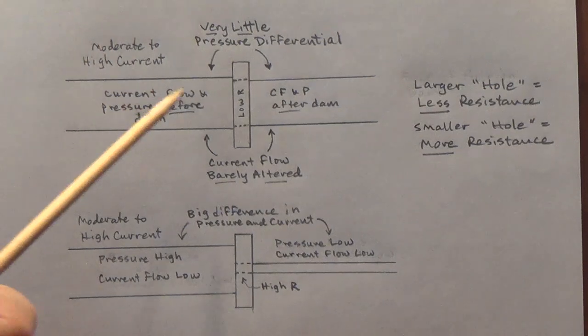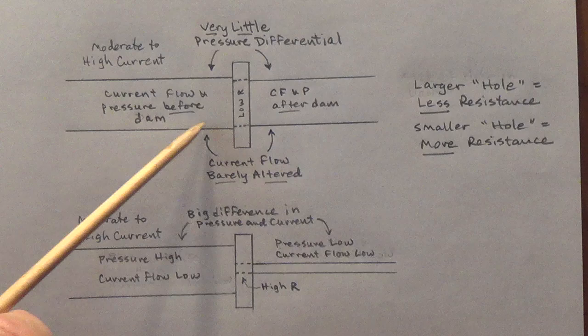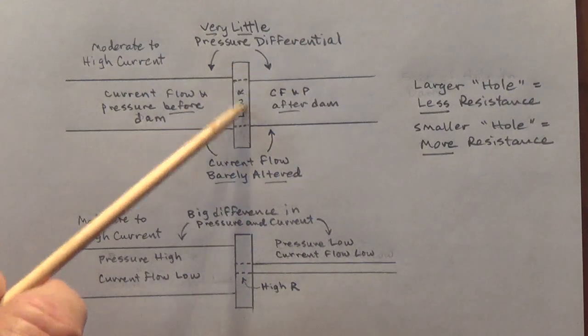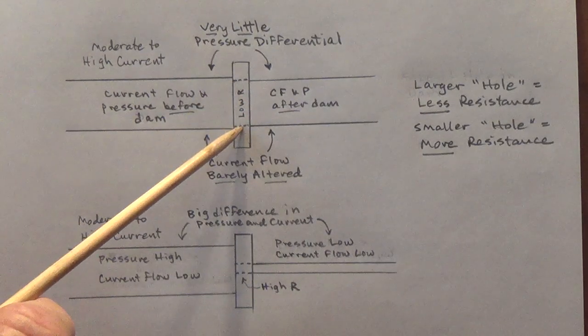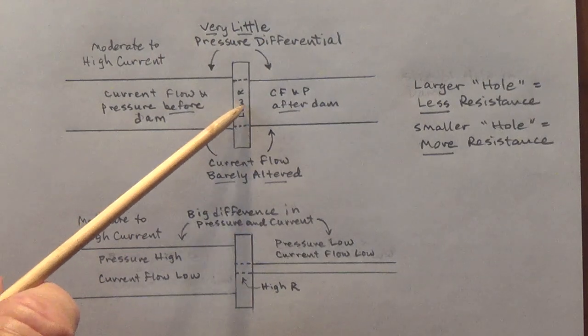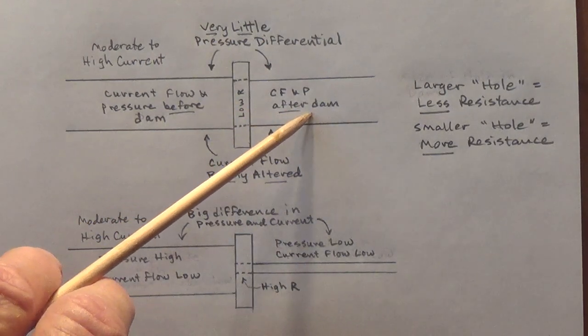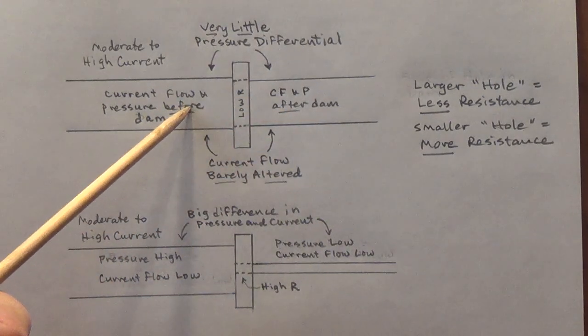Okay, the analogy then will begin with a moderate to high current river. We will build the dam across it, and in this case, with a very large passage for water. In other words, this is a low resistance dam. And we see that the water flow after the dam is about the same as the water flow before.